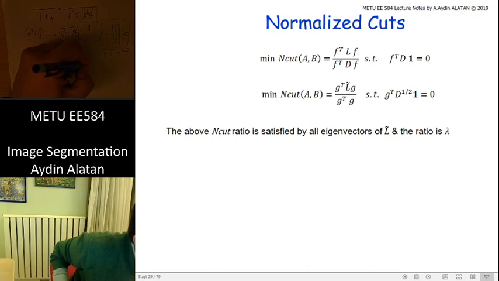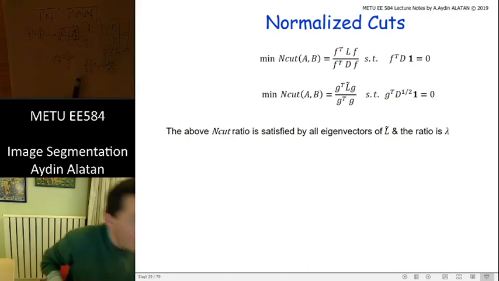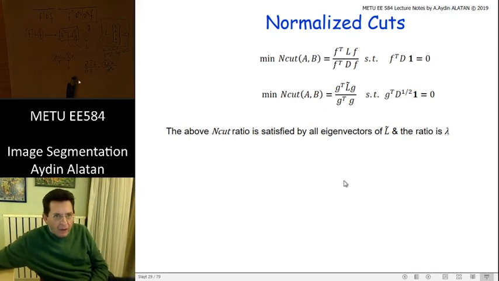As soon as you obtain an eigenvector, eigenvector transpose L tilde eigenvector divided by eigenvector transpose E is equal to nothing but lambda times E transpose E divided by E transpose E. They cancel out, you obtain lambda, okay?